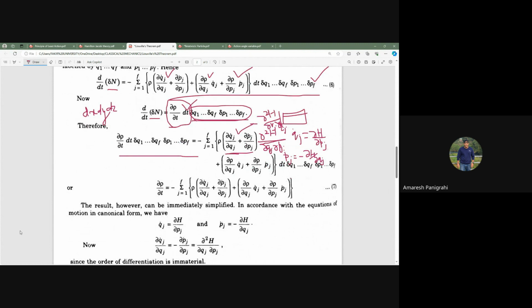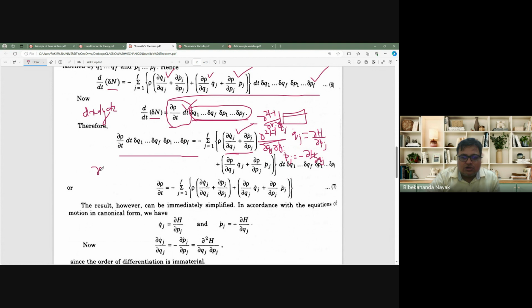If we add, we have written del qj dot by del qj plus del pj dot by del pj. Put qj dot equal to del h by del pj here, and pj dot equal to minus del h by del qj here.